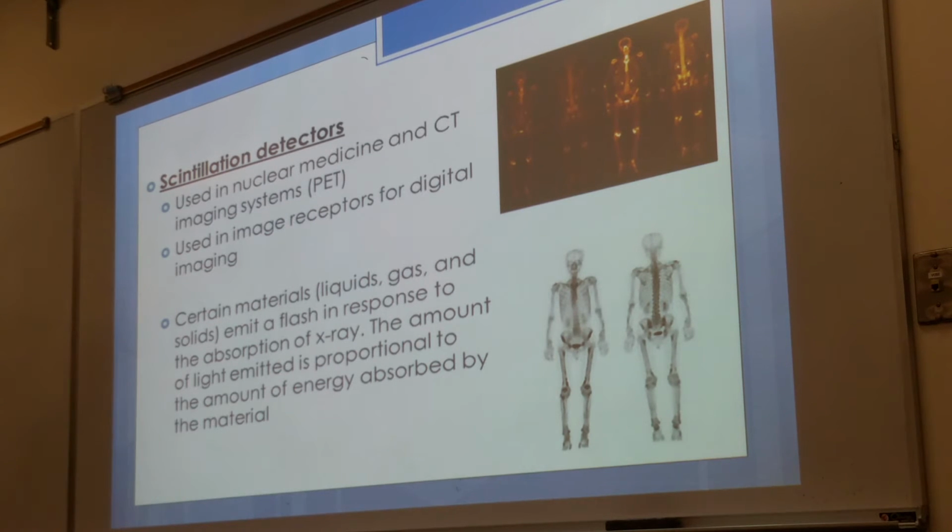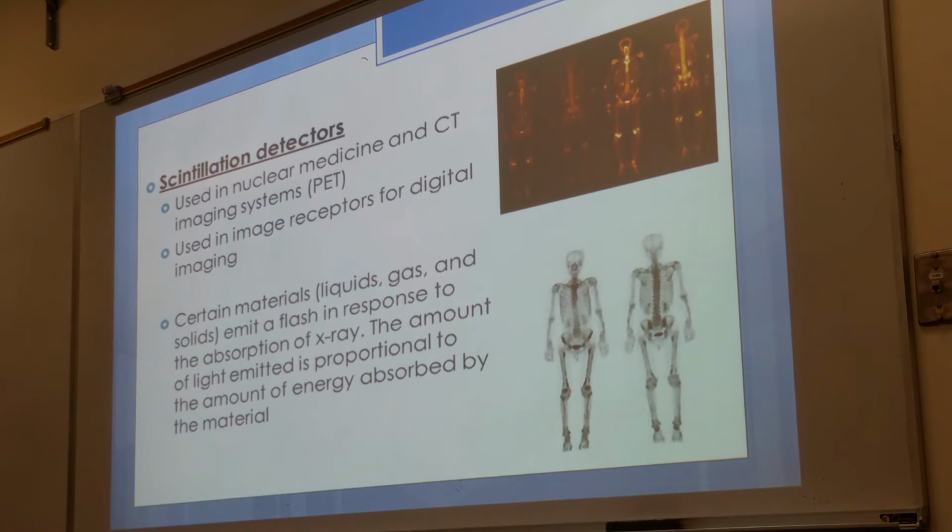Second one here is the scintillation detector. Scintillation detectors are generally used in nuclear medicine and CT imaging systems like your PET scanners. You guys know what PET scan stands for? Positron emission tomography. Now, certain materials emit a flash in response to the absorption of X-rays.